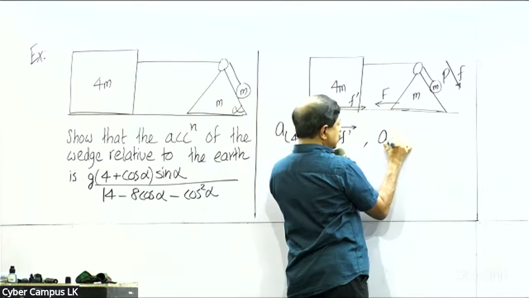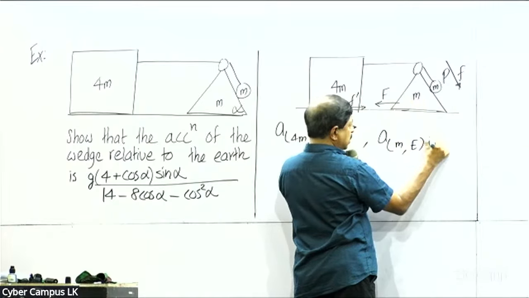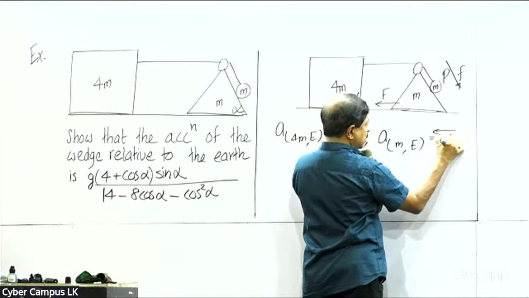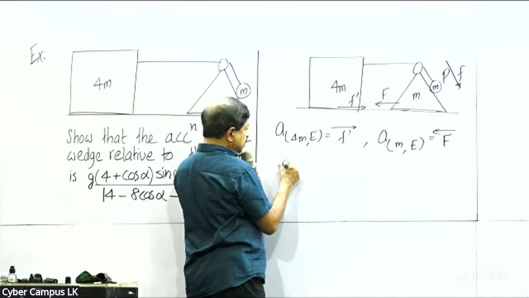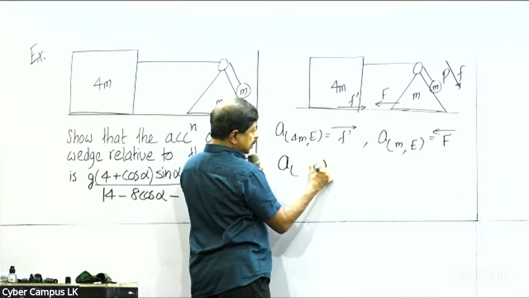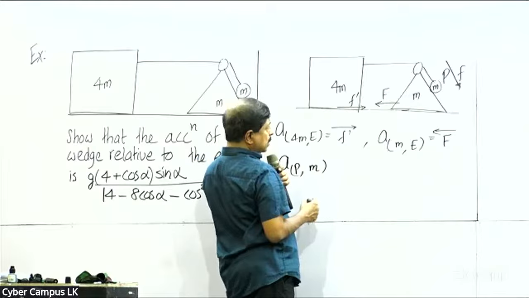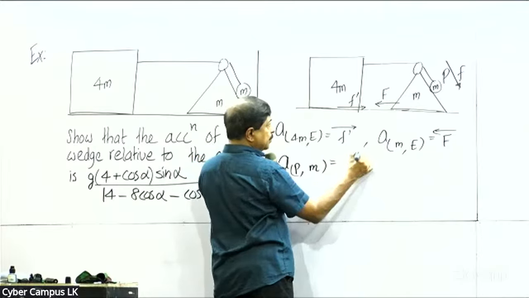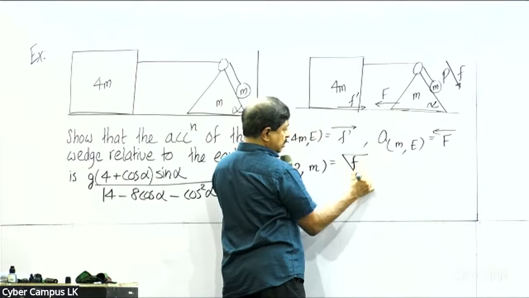The acceleration of m is a wedge. It's this. However, simple f is the acceleration of p related to the wedge. This is alpha.